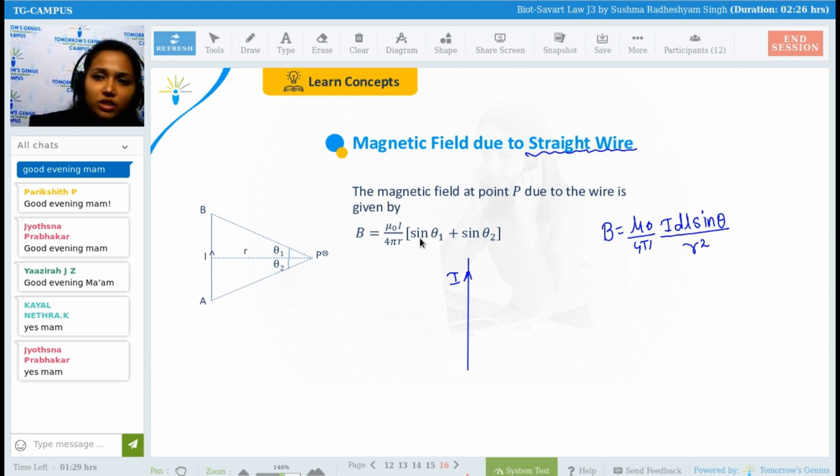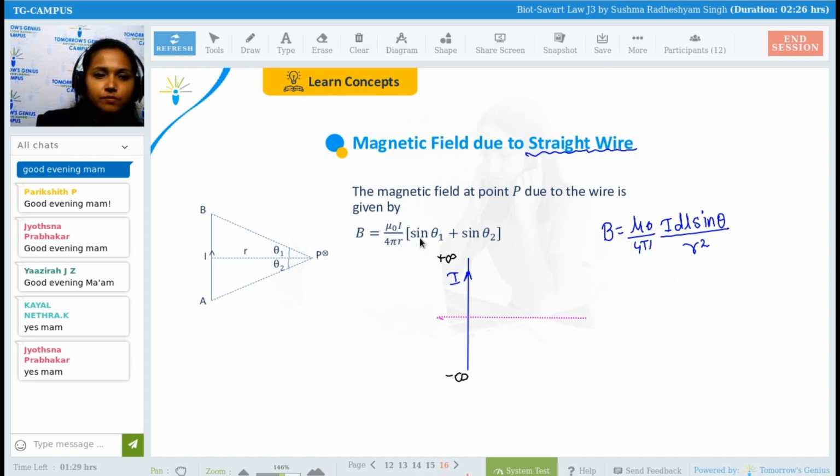So what can we do? For that purpose, let's divide this section into two parts. First, we say our wire is from minus infinity to infinity.